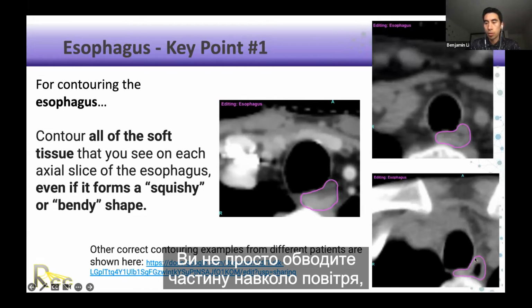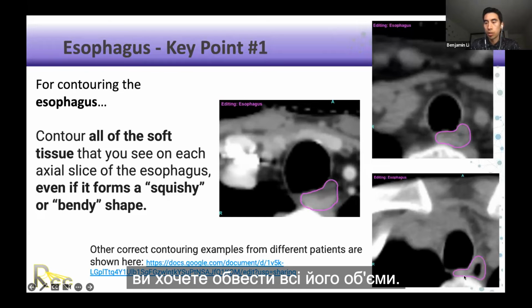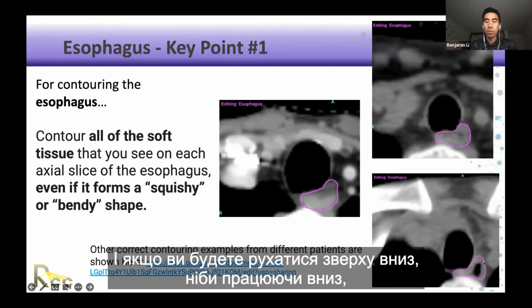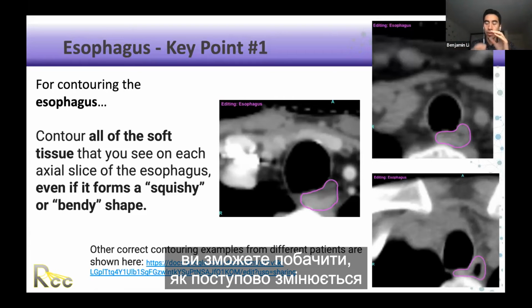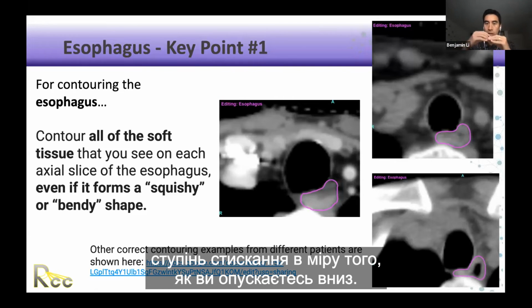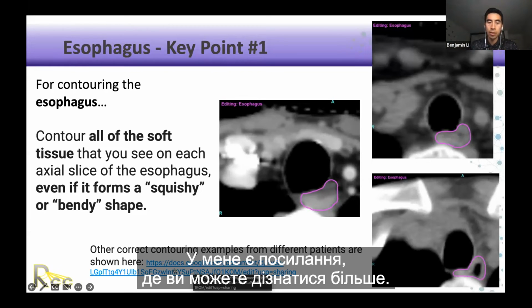You don't just contour the part around the air, but you want to contour all of its squishiness. And if you go from top to bottom, sort of working your way down, you should be able to see how the squishiness changes gradually as it's going down. I have a link here where you can explore more.